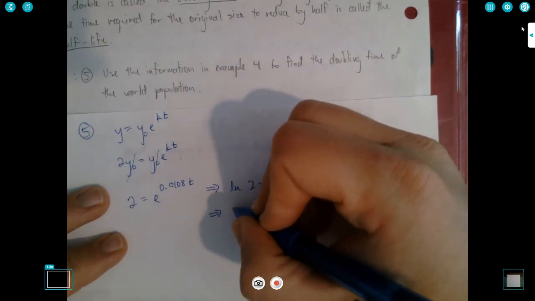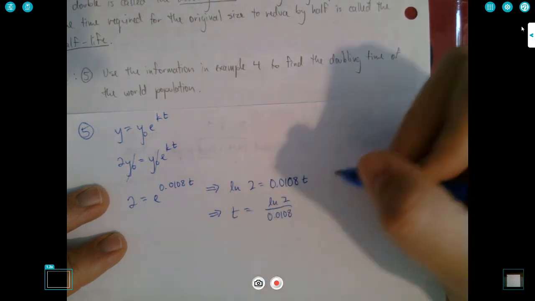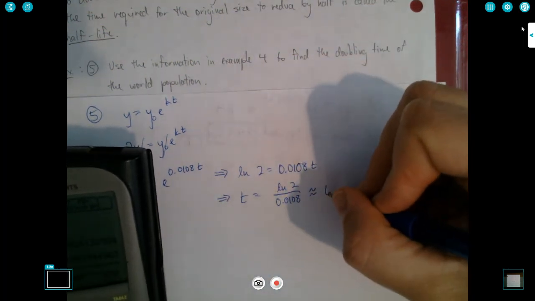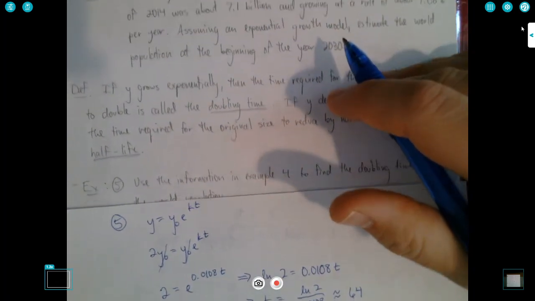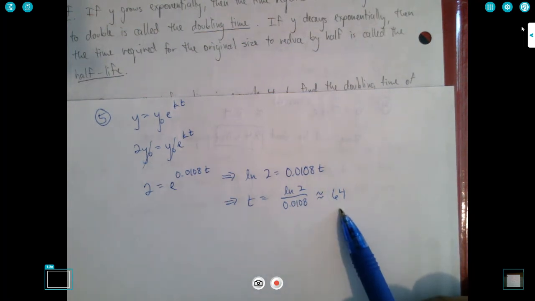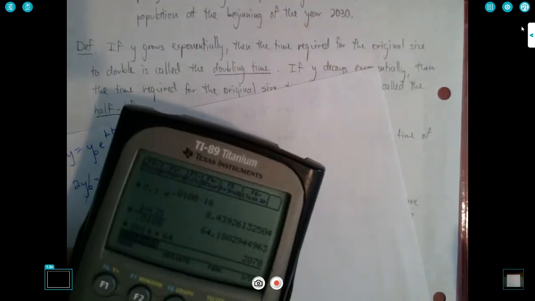That means t equals ln of 2 over 0.0108, which is about 64 years. If our initial year was 2014, then 2014 plus 64 is 2078. So we would expect the population to be 14.2 billion in the year 2078.